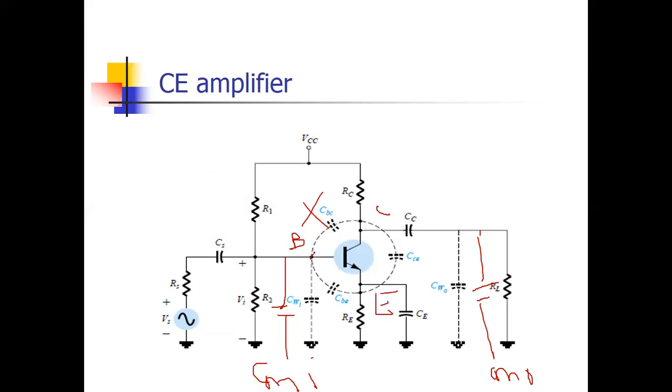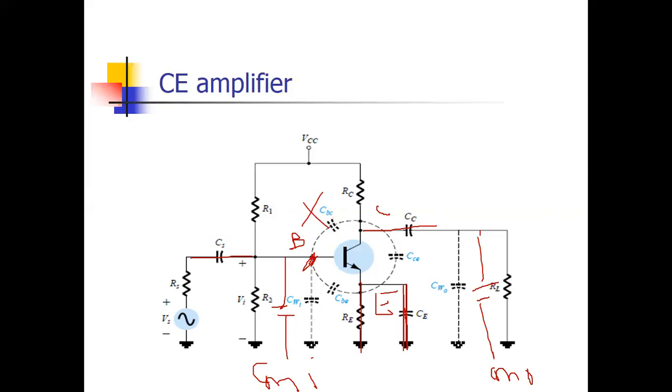So at input, there are three capacitances connected. One capacitance, that is input wire capacitance CWI, is connected to ground. One, CBE, is also connected to ground because this is short circuit. At high frequency, these capacitances don't play any role. And one is due to Miller capacitance, that is CMI.